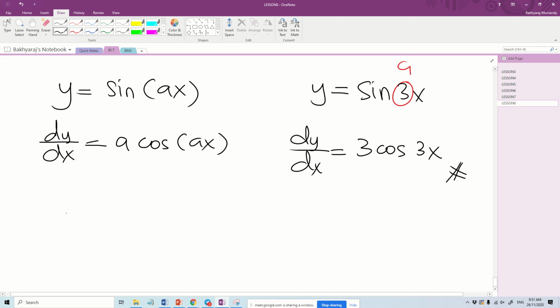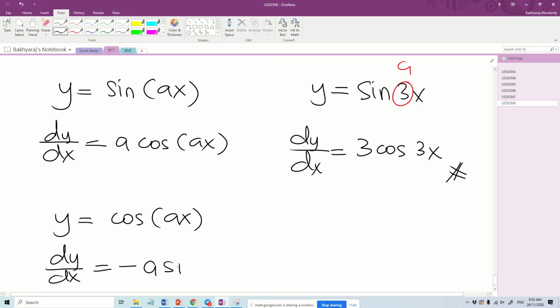Okay, next let's say I give you cos ax. When I give you cos ax, maksudnya dy/dx dia akan jadi negative a sin ax.